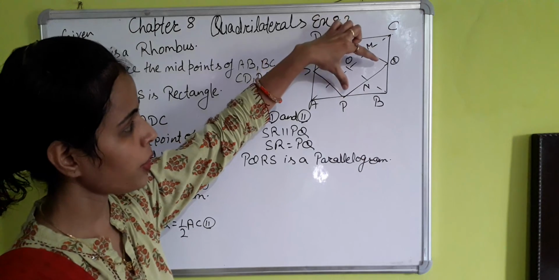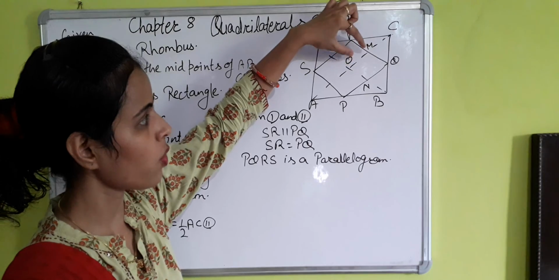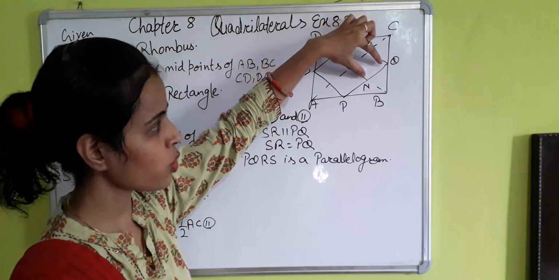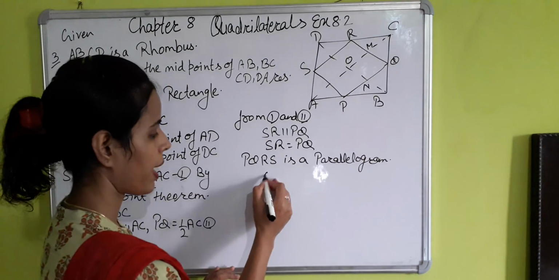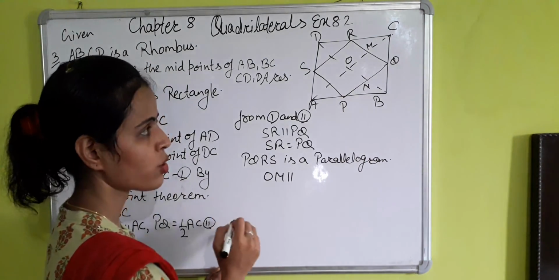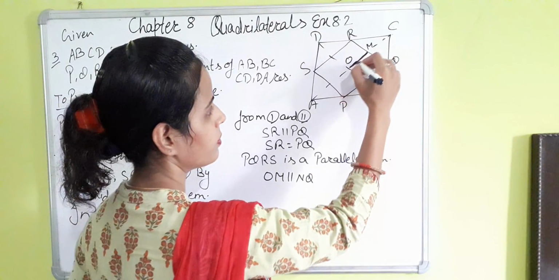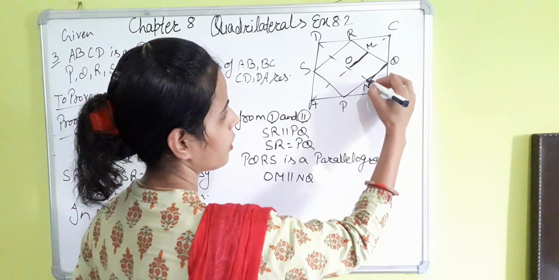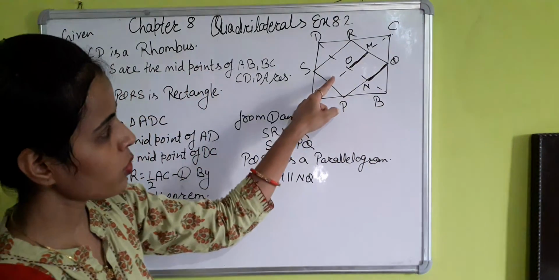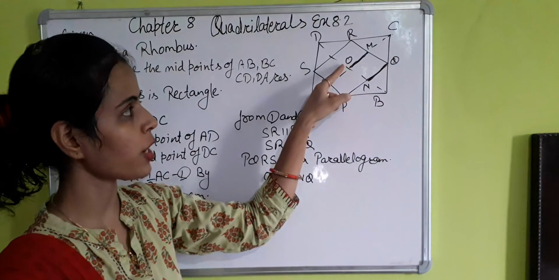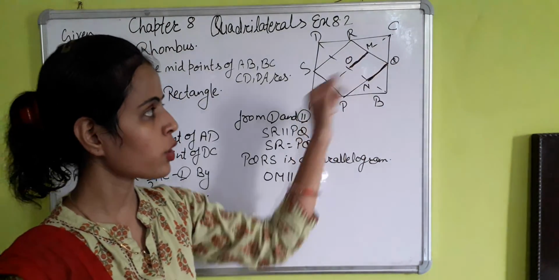If this line PQ is parallel to AC, then this part of line AC, OM, is also parallel to this part NQ of line PQ. OM is parallel to NQ.